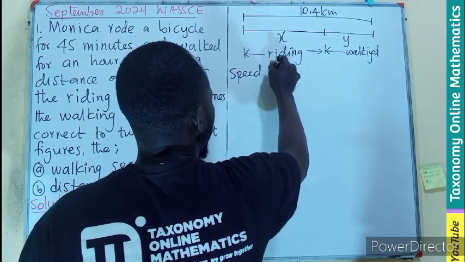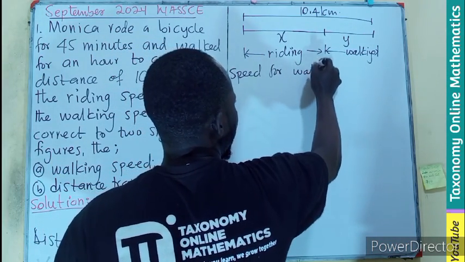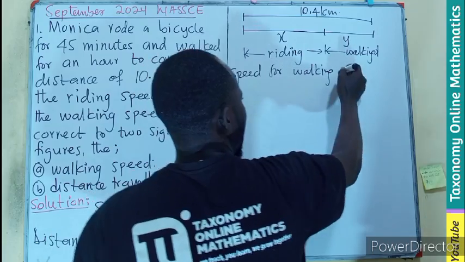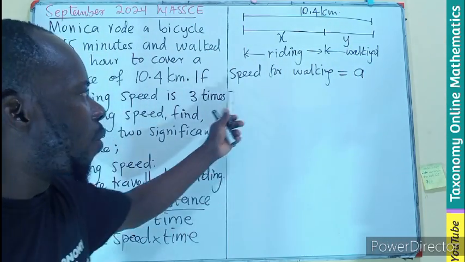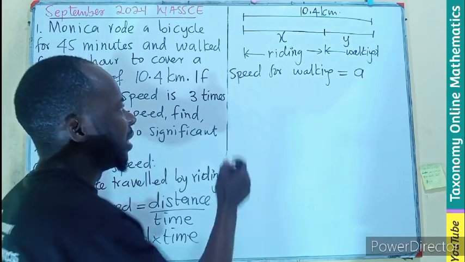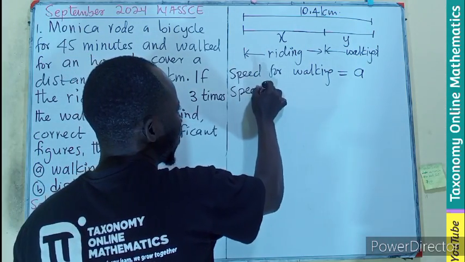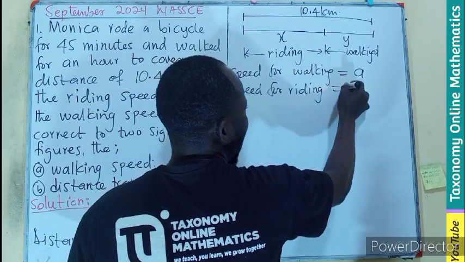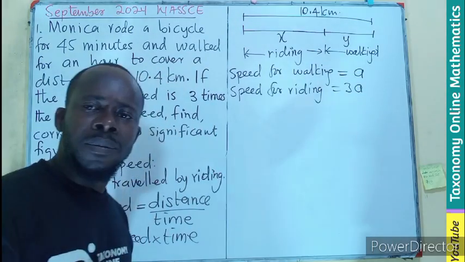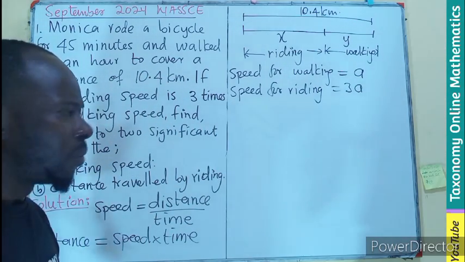So the speed for walking, we can label that to be, let's say, A. The speed for walking, let it be A. Then the speed for riding becomes what? 3A. Do you get that also?